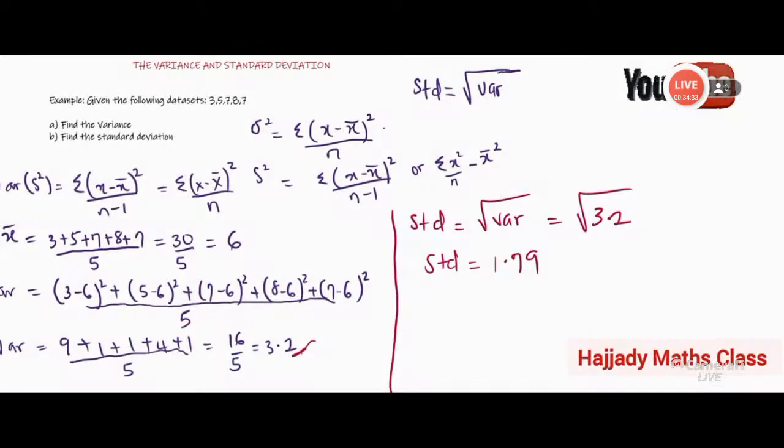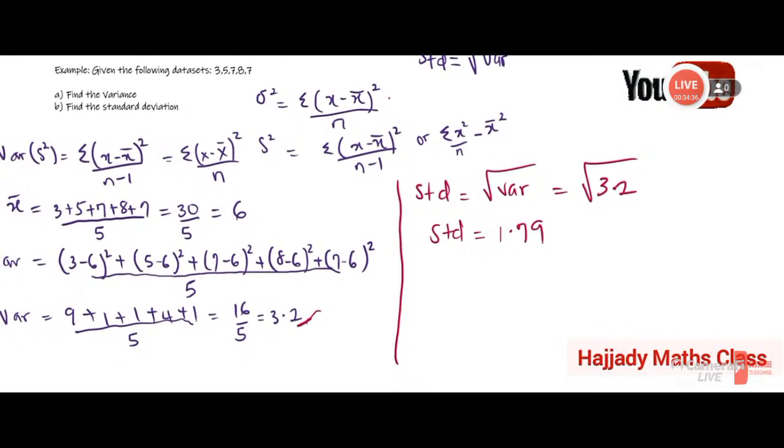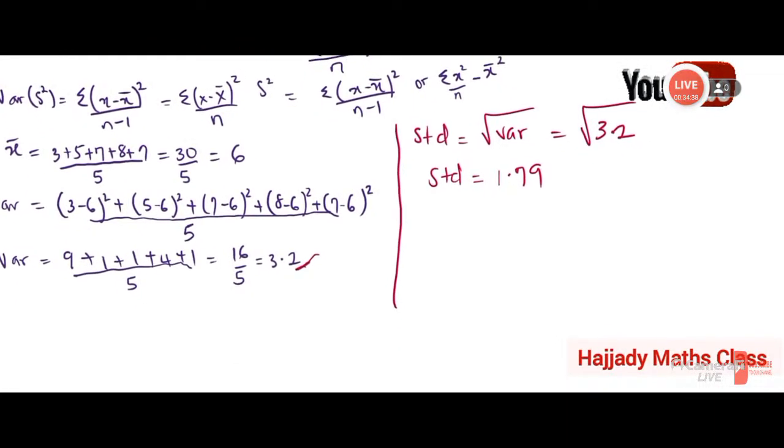Now the second method, which has been given to us here. We are going to make use of this second formula to calculate our variance. Here we have our variance equals summation x squared over n, minus x bar squared. We want to check if we are going to get the same answer. So we need to know our summation x squared first.